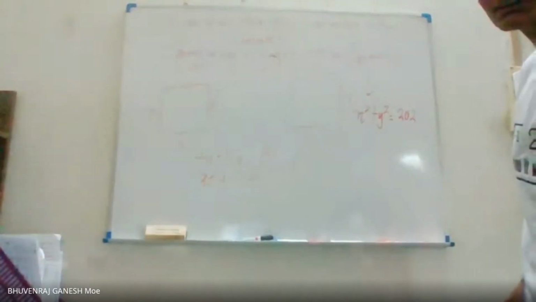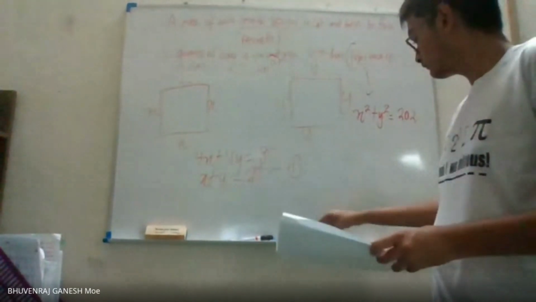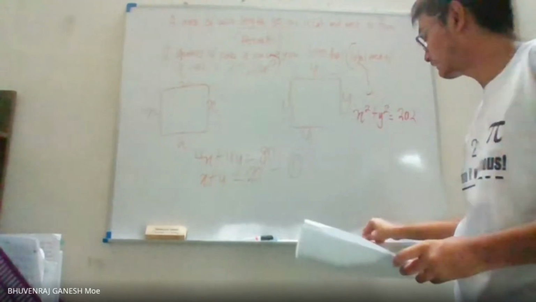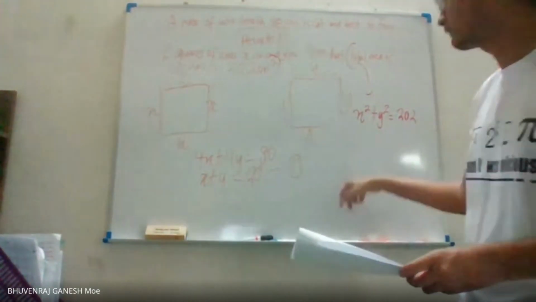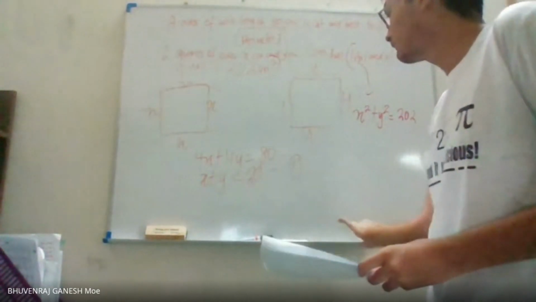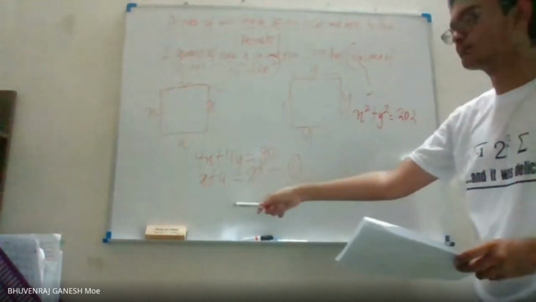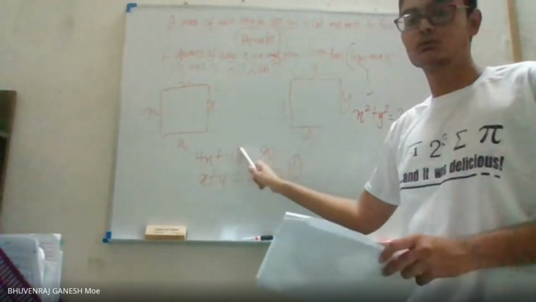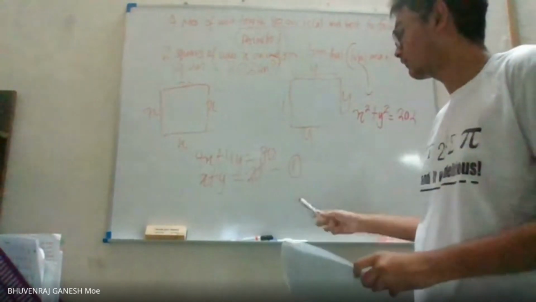See the equation carefully. Yeah, because it's all plus. But one more thing I forgot to tell. In this case, one is squared and one is x. So you actually cannot eliminate a common term, because if you want to eliminate here, you have to square the whole equation, which is going to become more complex.